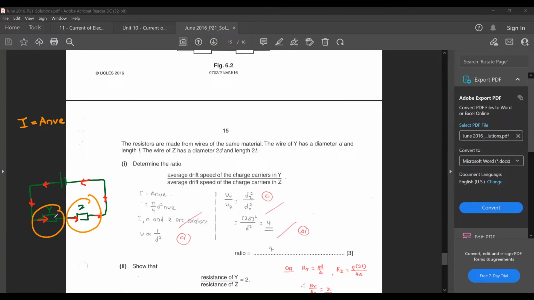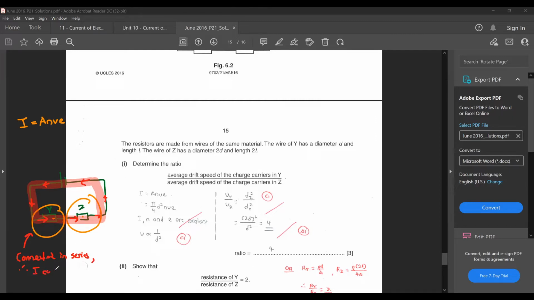Now you want to compare between these two, so you have to use ratio, because the question is asking you to find the ratio. There are certain things that you can determine to be constant. The first thing you can say is the current is constant. This one is connected in series. There's no junction for current to split.